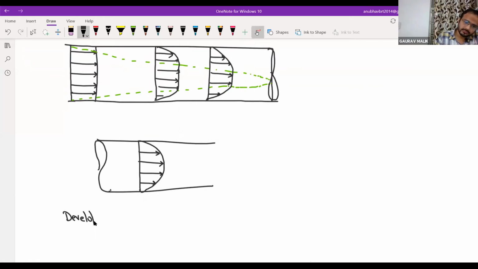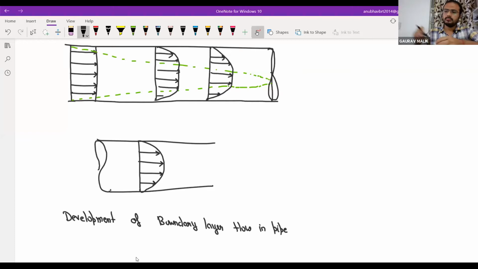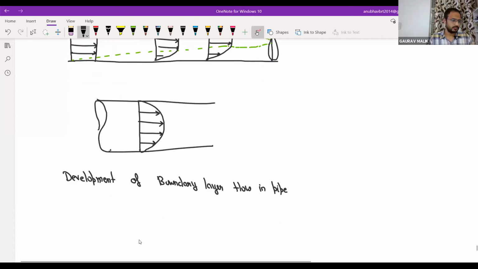Development of boundary layer flow in pipe. Note down this one.